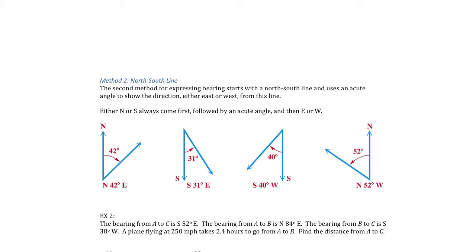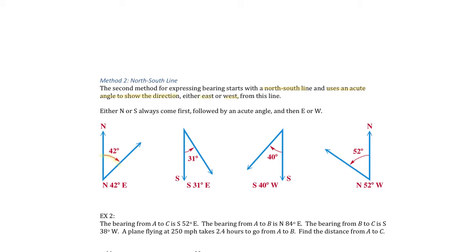All right, and there's another method, which is using the north-south line. We start with a north-south line, and then we use an acute angle to show the direction going either east or west from that line.